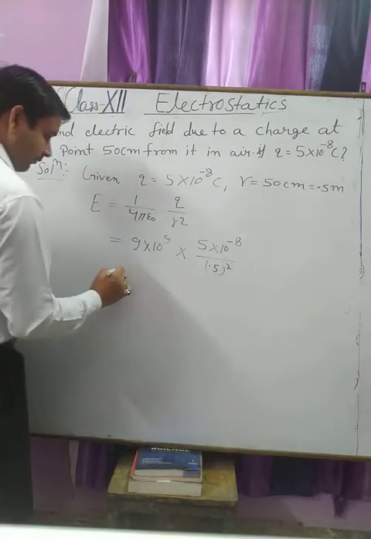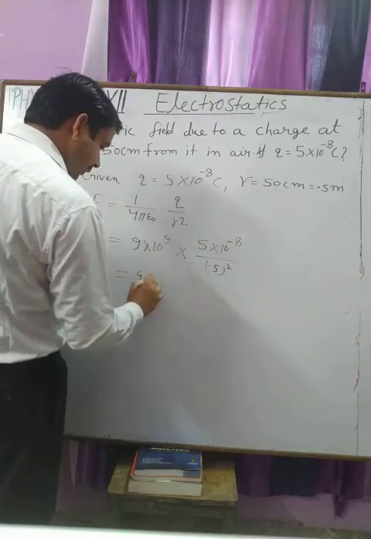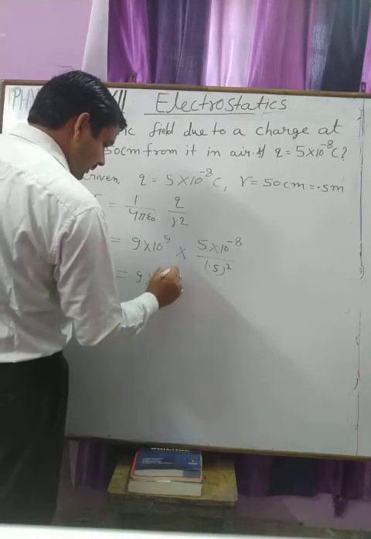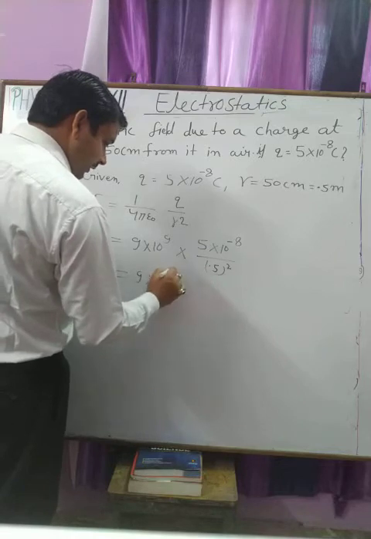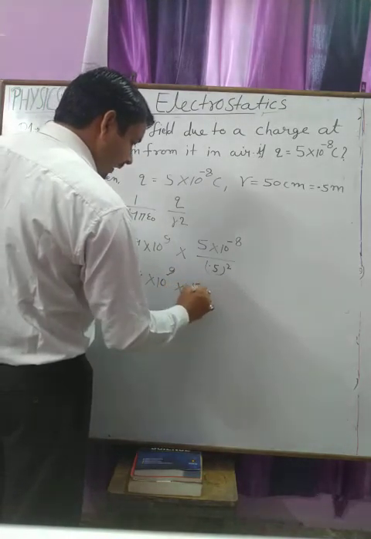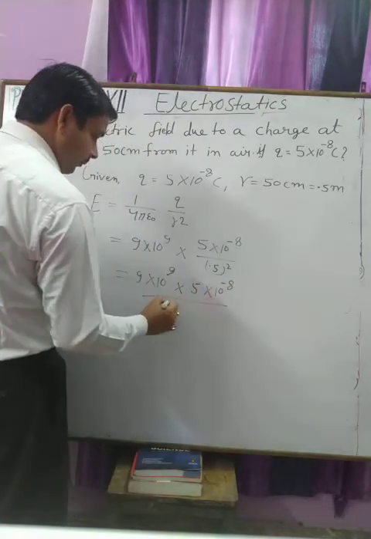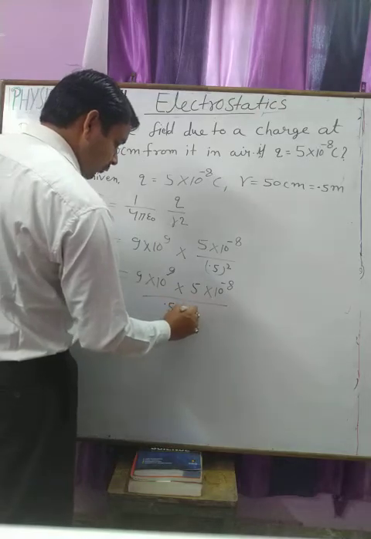So student, when we are solving this value, we are getting 9 into 10 to the power 9 into 5 into 10 to the power minus 8 upon 0.5 into 0.5.